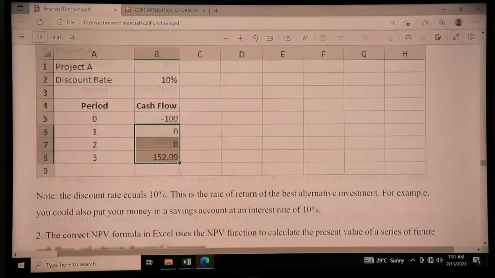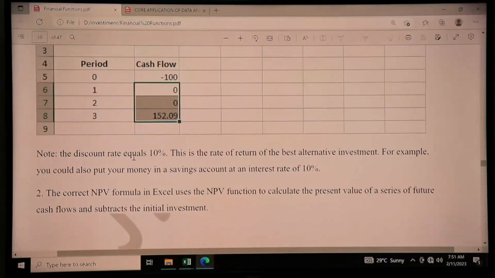So the discount rate is equal to 10%. This is the rate of return of the best alternative investment. For example, you can also put your money in a savings account at an interest of 10%.